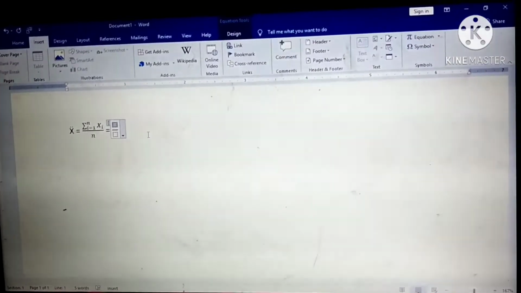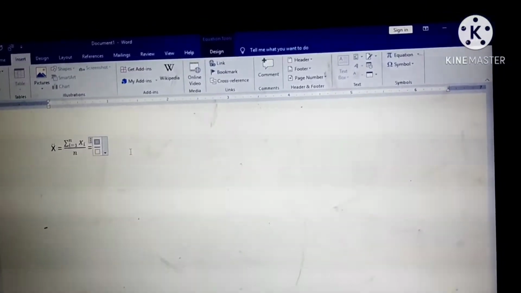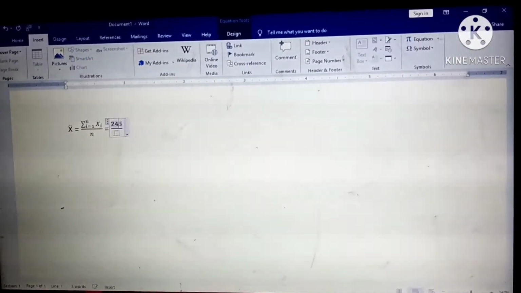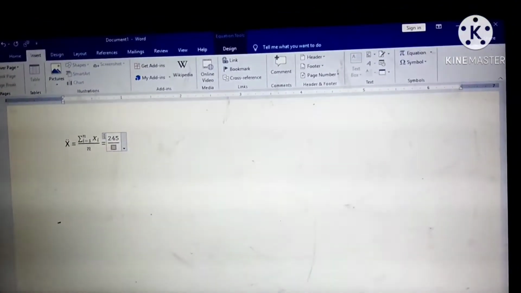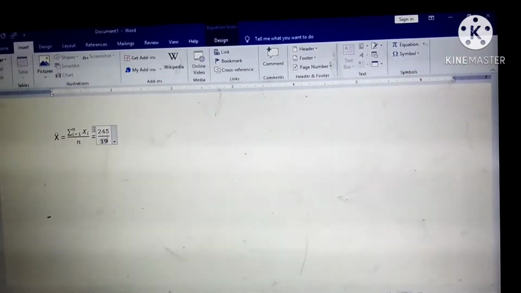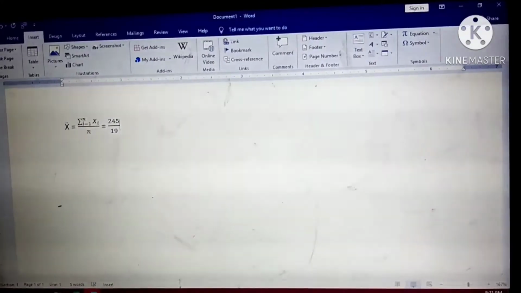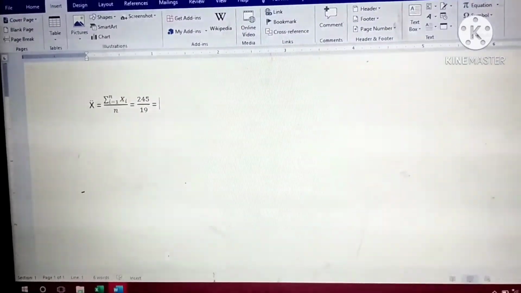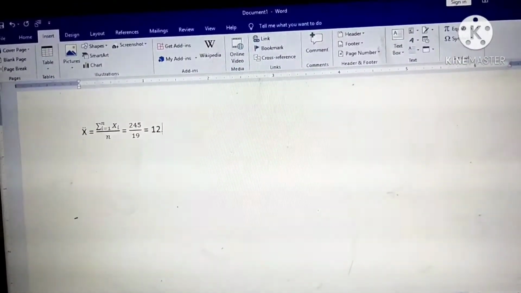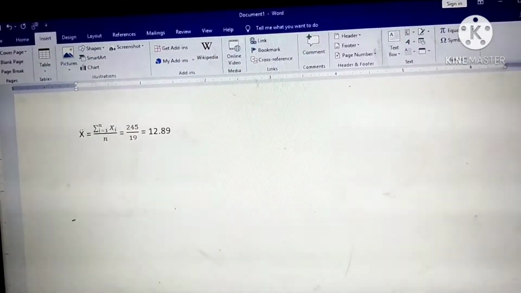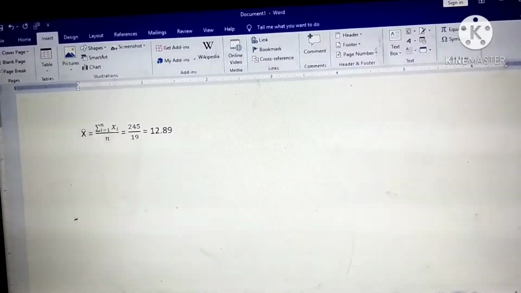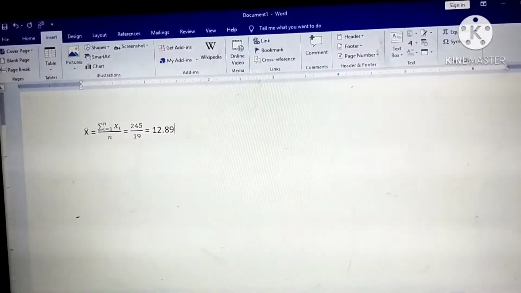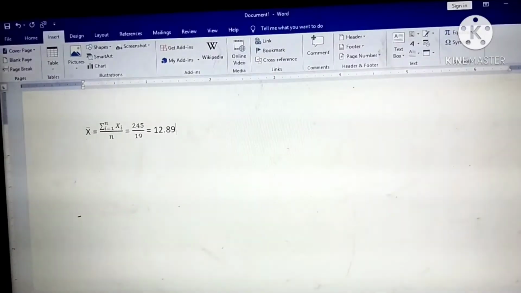We already have the result for the summation of all the data, which is 245, divided by 19, which is the total number of data. When we divide 245 by 19, the result is 12.89. So we now have the value of the mean, which is 12.89.